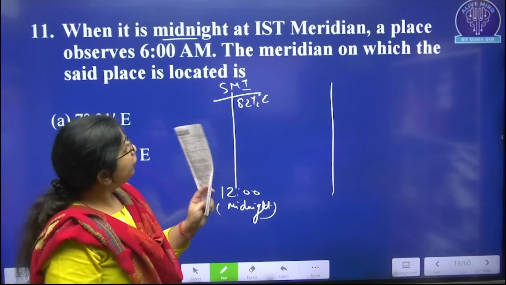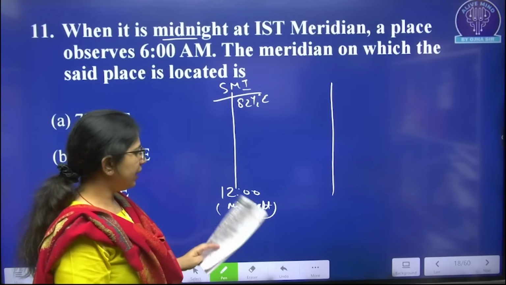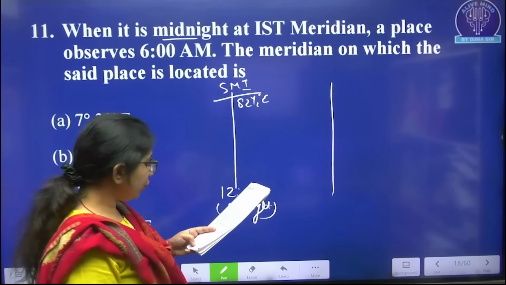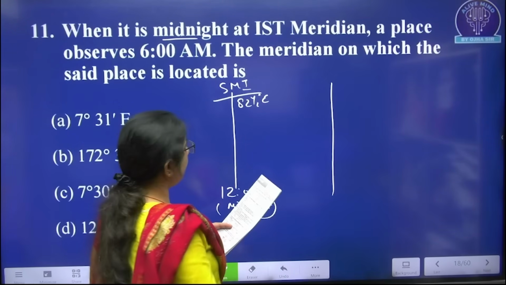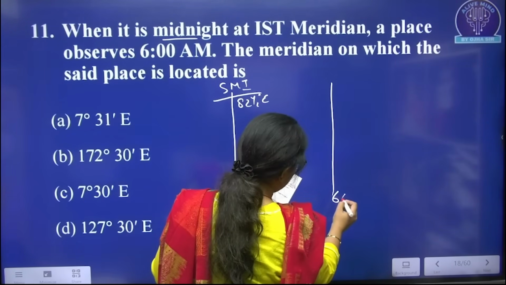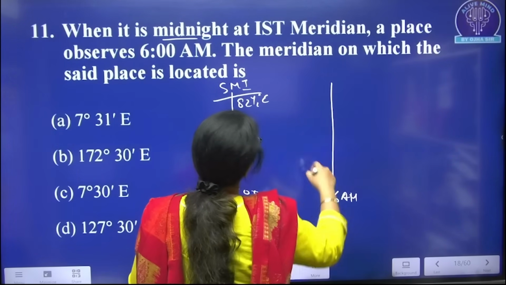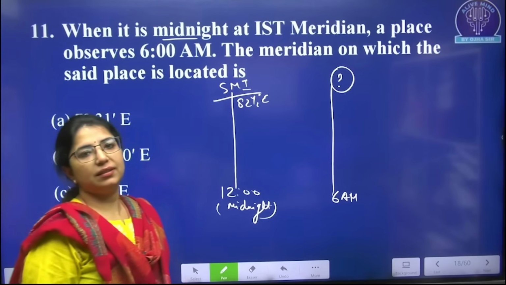They might have been confused by writing 12 am or 12 pm, but they have written it as midnight. You know, it is 12 at night. Okay? And the second piece of information they have given is that the timing here is 6 am. And they have asked which longitude this is.